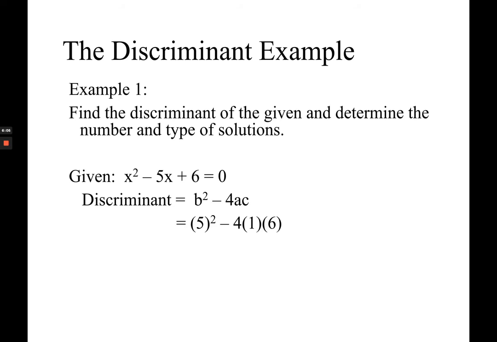Your b is negative 5, a is 1, and c is 6. 5 squared is 25, 4 times 1 times 6 is 24. 25 minus 24 is 1. 1 is actually a perfect square. It means you have two real solutions for this.